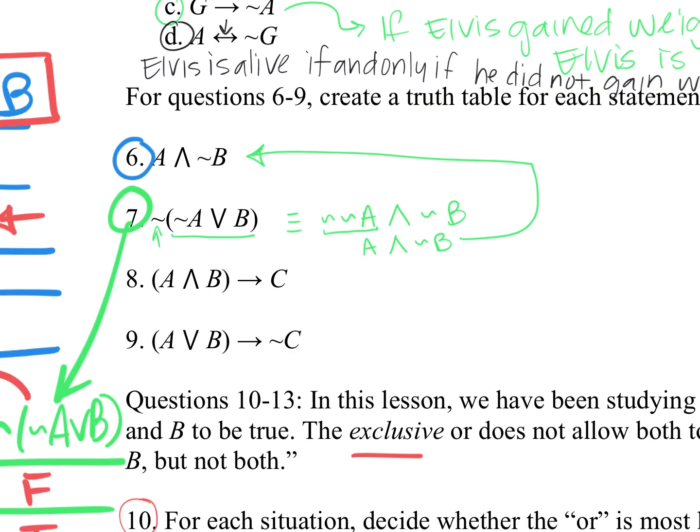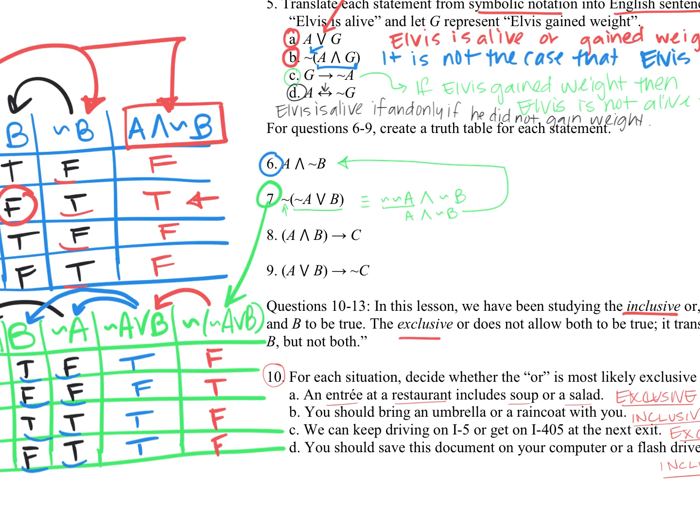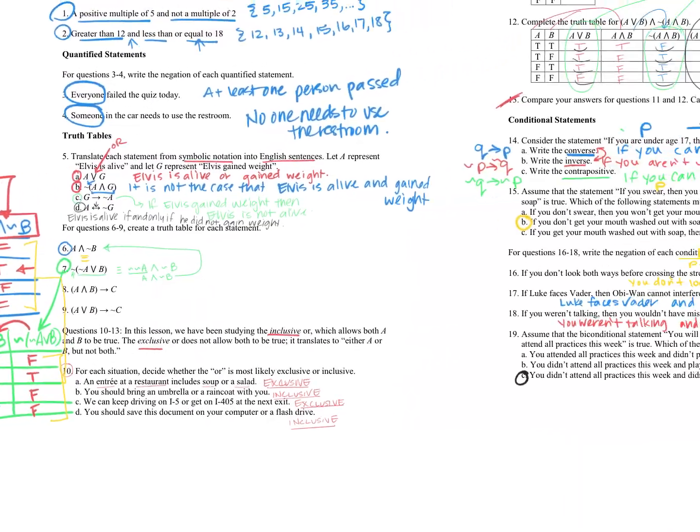So both 6 and 7, you can see in looking back that they had the exact same truth table values. And so you can see that they are in fact logically equivalent. And it also follows from De Morgan's law.